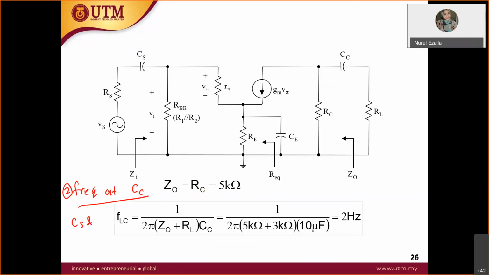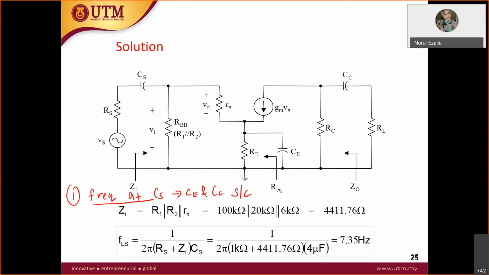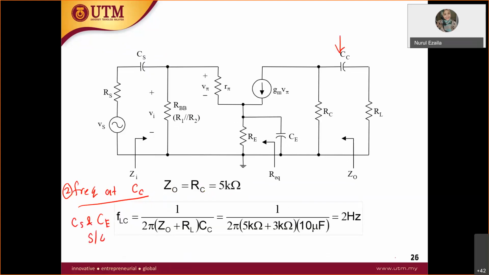You are seeing from here now. Just now you were seeing from here the FLS. Now this is FLC. So only two resistors are involved. These two resistors are in series, RC plus RL. So you get this equal to 2 hertz. I think this is the correct answer.